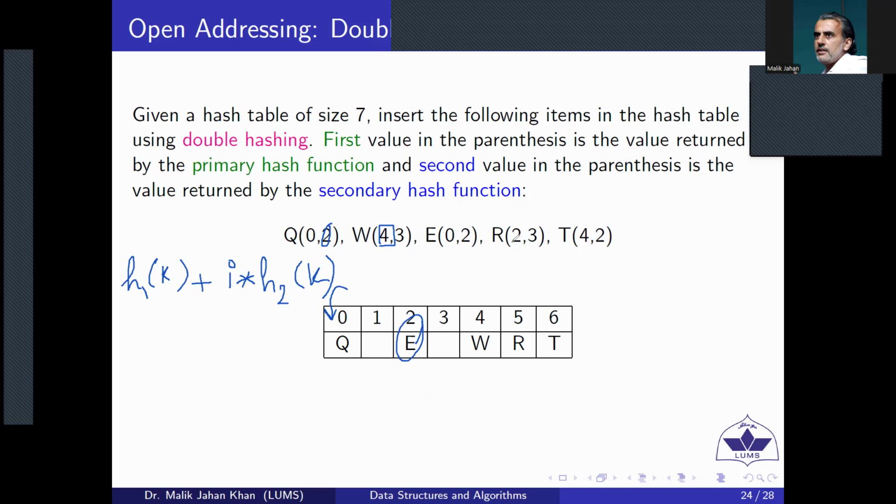So R tries to go to 2, but that is occupied. So 2 plus 3 is 5, so R goes over here. For T, we try to go to 4, but that is occupied. So we do 4 plus 2, which is 6.